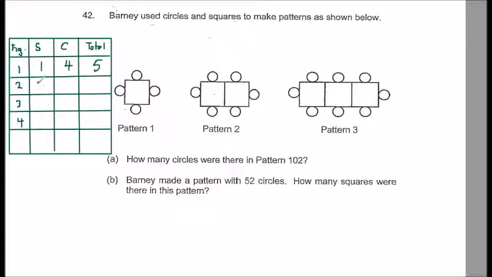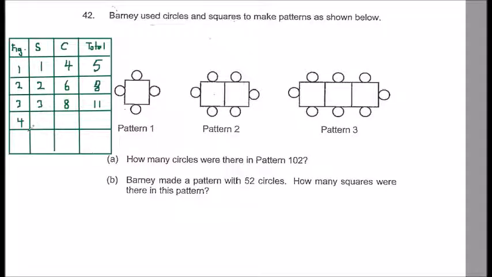For figure 2, I have 2 squares, 6 circles, total 8. And for figure 3, I have 3 squares and 8 circles, and 11 in total.